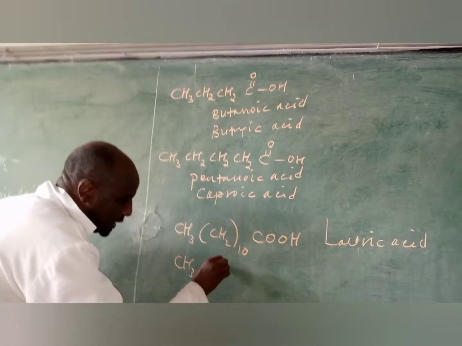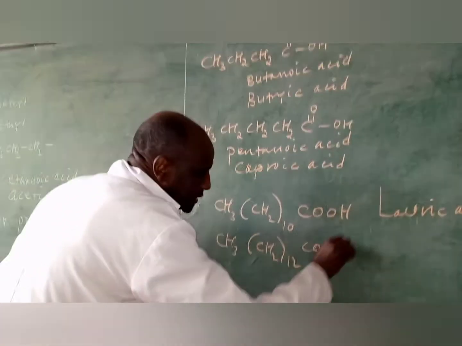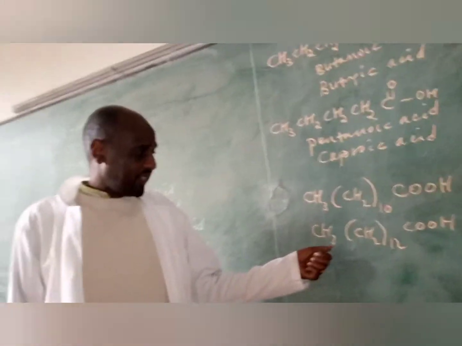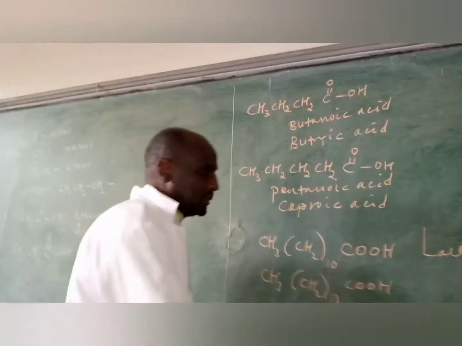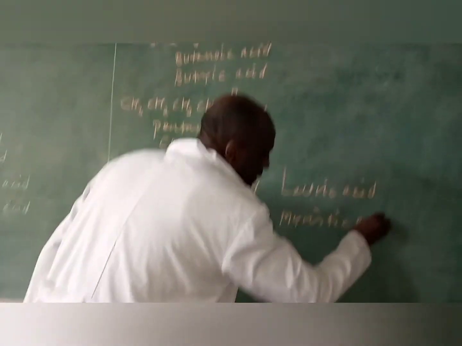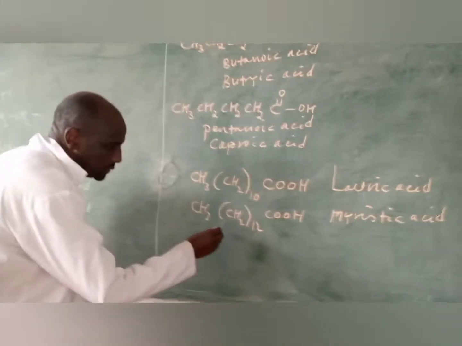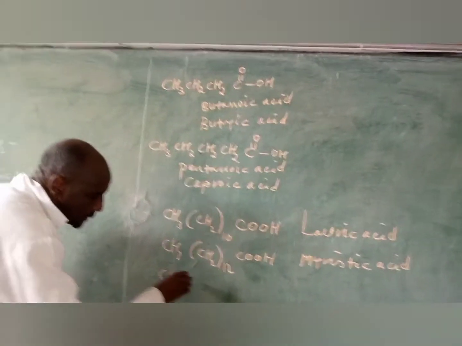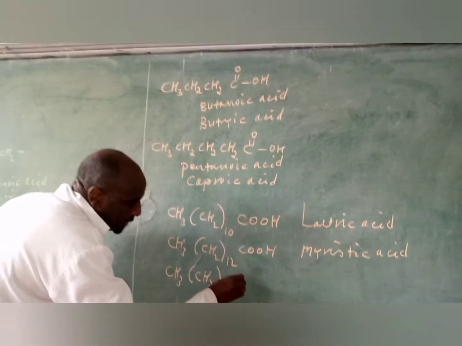Even we have CH3 with 12 CH2, COOH. This is again an organic acid, a fatty acid with 14 carbons, which is known as myristic acid. This fatty acid contains an even number of carbons.